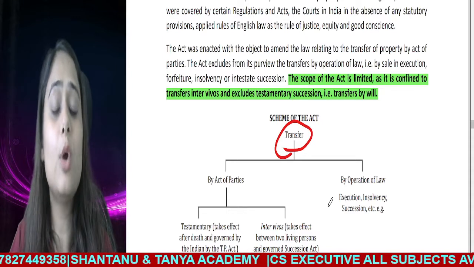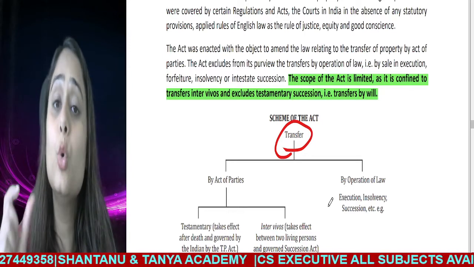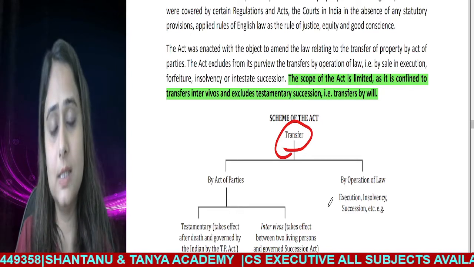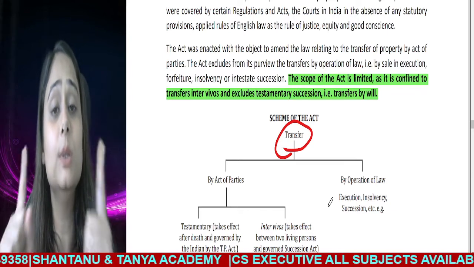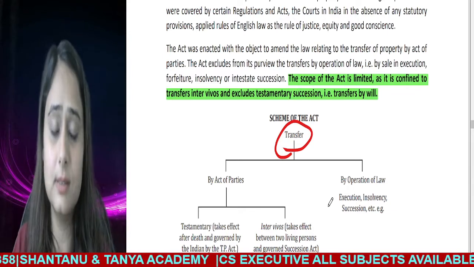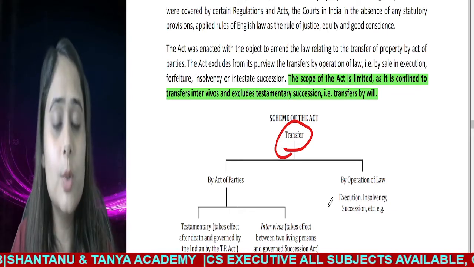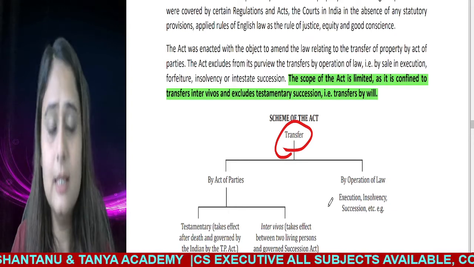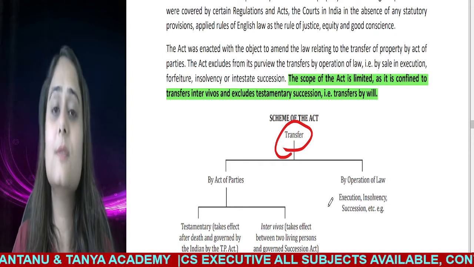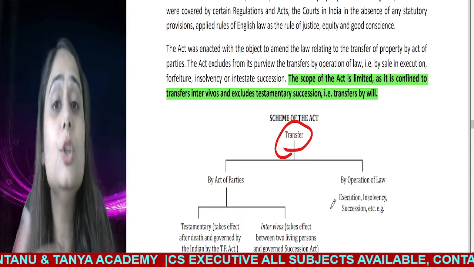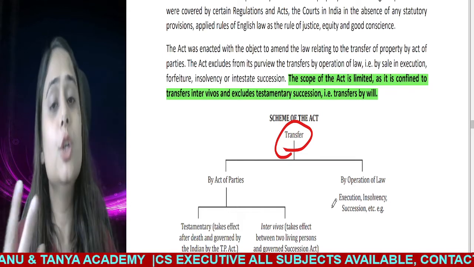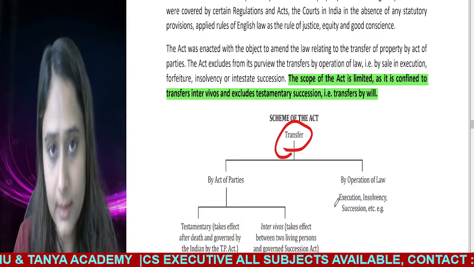So the Transfer of Property Act governs only those kinds of transfers which take place between two living persons. That means natural persons, living persons, right? So if a transfer is taking place between you and me, correct, you are also living and I am also living, right?